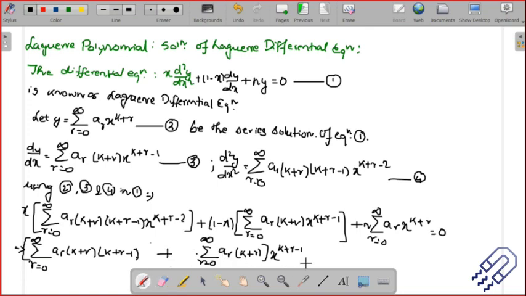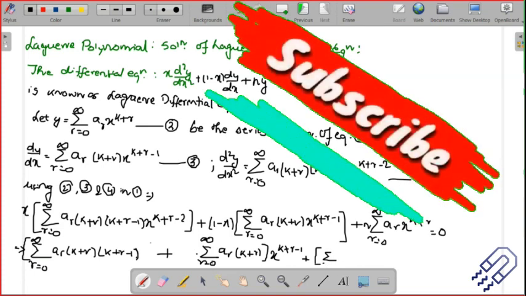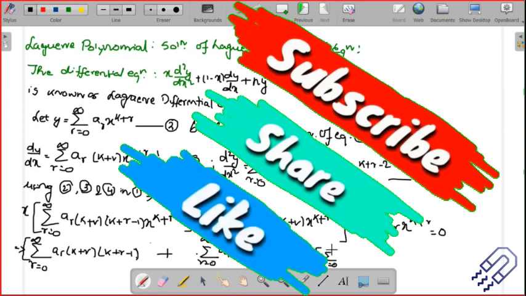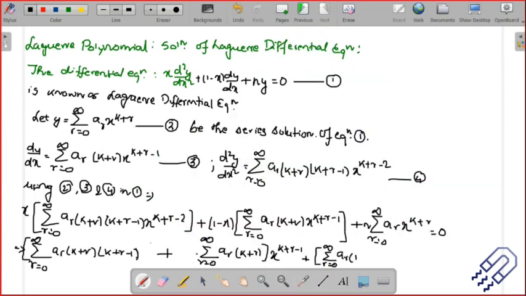Okay, so keep this. Then we have the next term, which is x times (k plus r minus 1), so the power will get cancelled out, and I'll have just x to the power k plus r. So here also we are going to do the same thing, right? Let's keep it inside a bracket. This is summation r is equal to 0 to infinity a_r (k plus r).